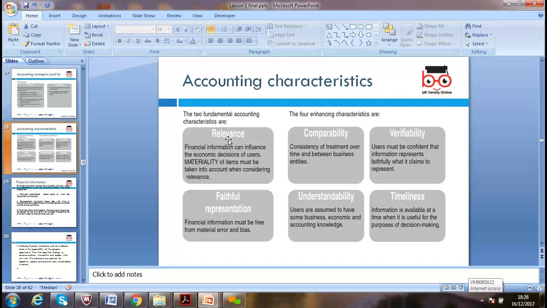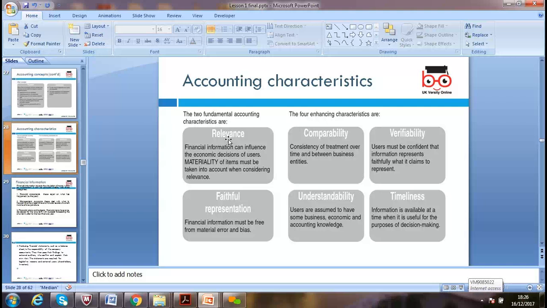It's 12 months; we always prepare 12 months, otherwise it's not relevant. If it's 1 year, then 18 months, then 6 months, we can't compare them. Verify: we can check and verify them. Faithful: the figures need to be true and fair.